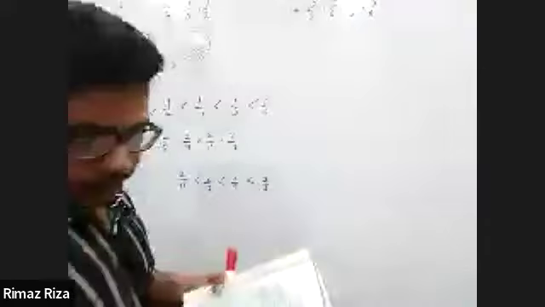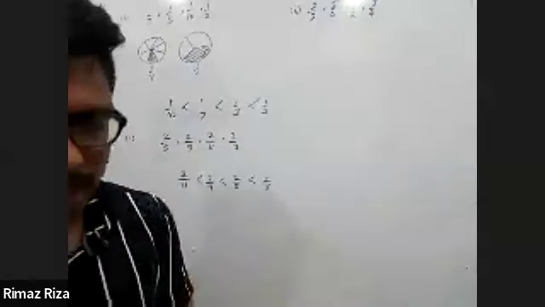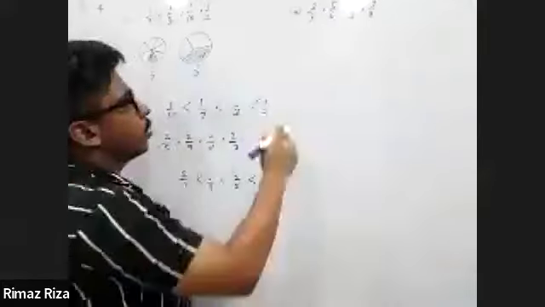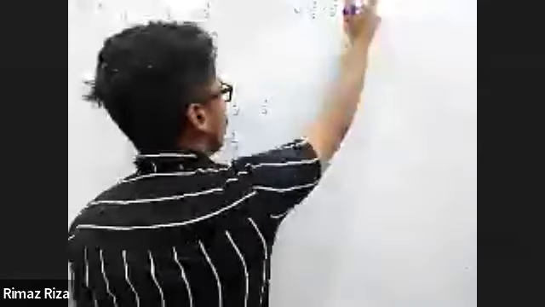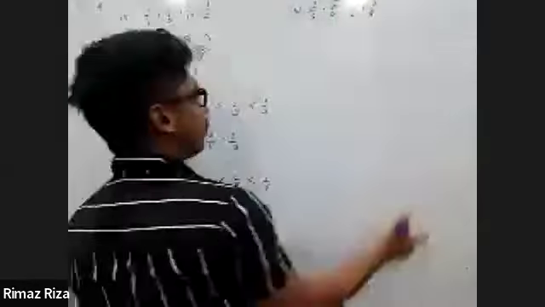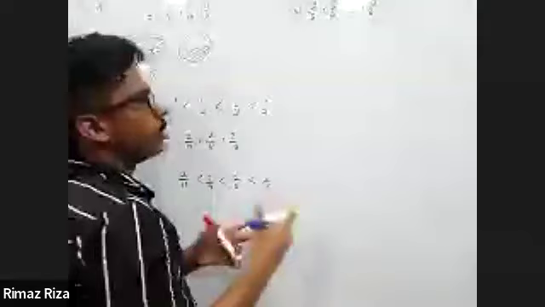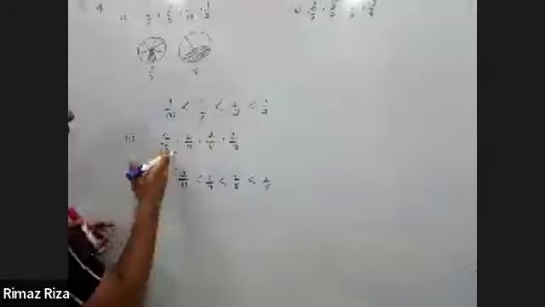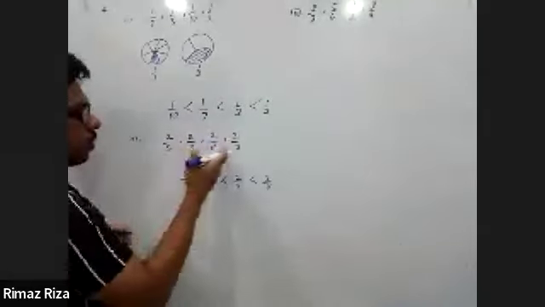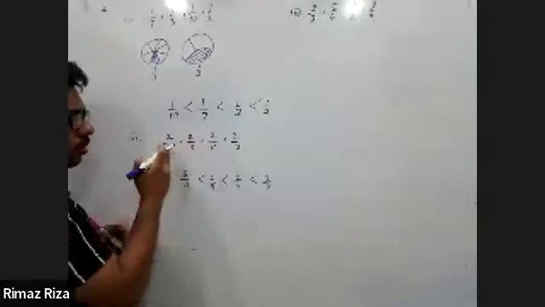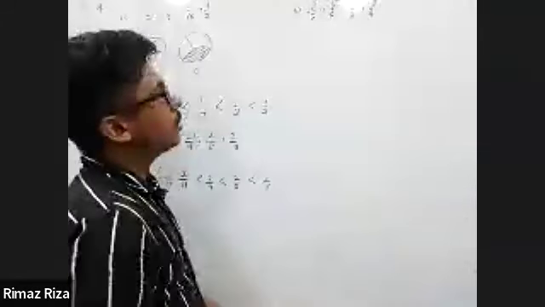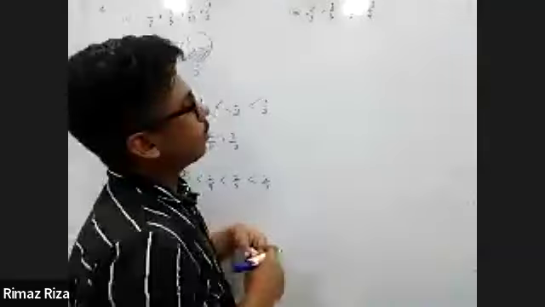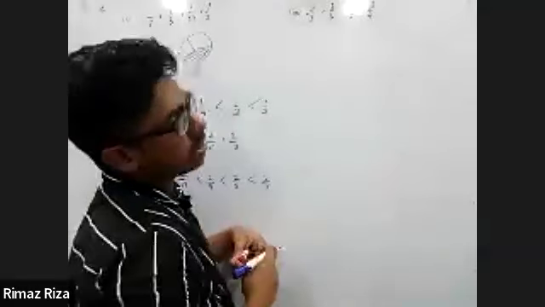So now it's a bit complicated. Now you take 2 pizzas dividing into 3, 5 pizzas dividing into 6, 1 pizza dividing into 2, 3 pizzas dividing into 4. Here we can't quickly think like that.